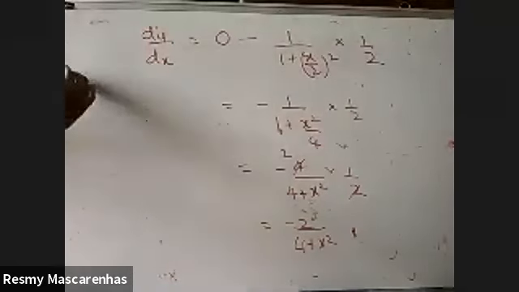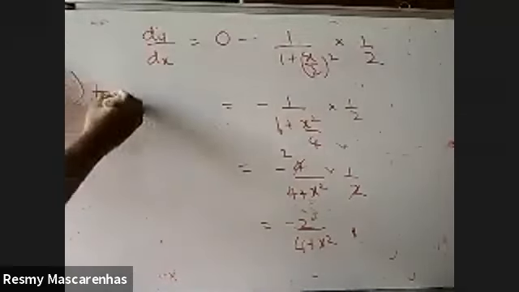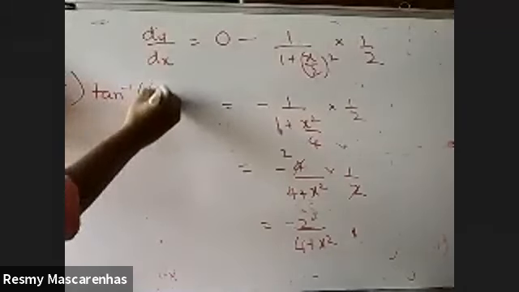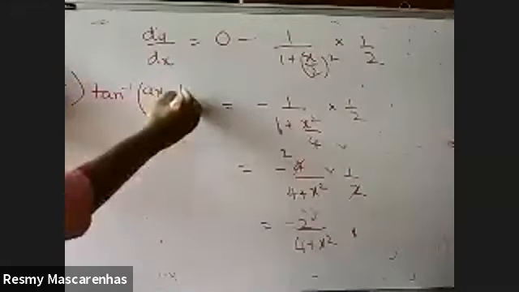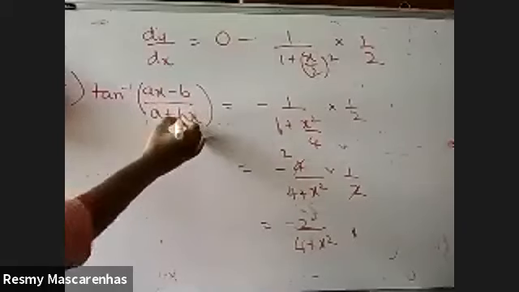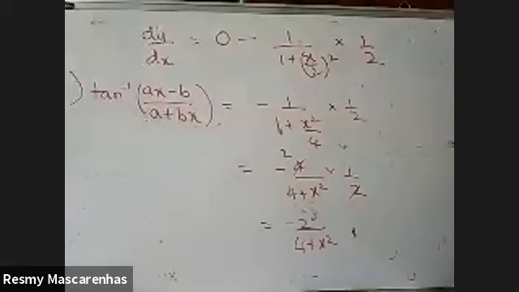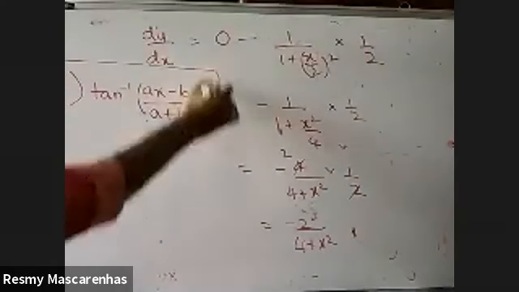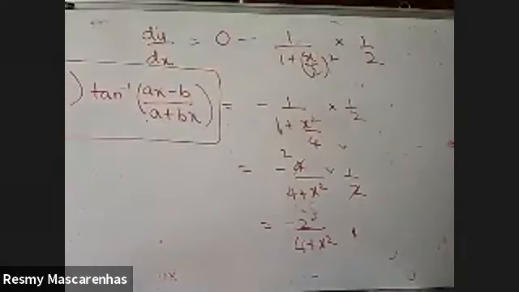Fourth one, I can try this. Tan inverse of ax minus b upon a plus bx. Fourth one.